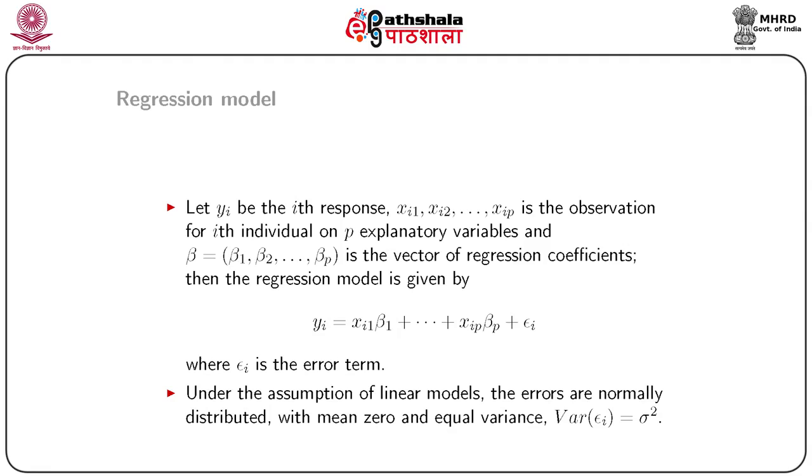Then the regression model is given by yi equals xi1 beta 1 plus xi2 beta 2 plus ... plus xip beta p plus epsilon i, where epsilon i is the error term. Under the assumption of linear models, the errors are normally distributed with mean 0 and equal variance. That is, variance of epsilon i equals sigma square.